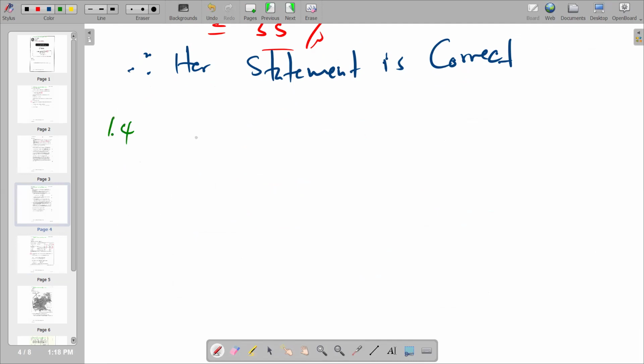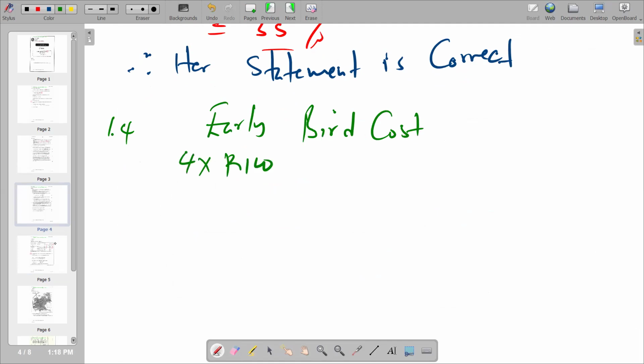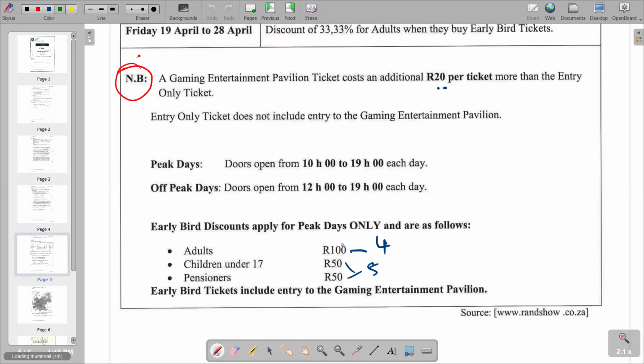So we say early bird costs. So we say 4 times 100. As indicated here, we have got 100 rands for adults, which we have got 4 adults. And then we add 5, which consists of the total of children under 17 and pensioners, 3 plus 2. And then we multiply 5 times 50.